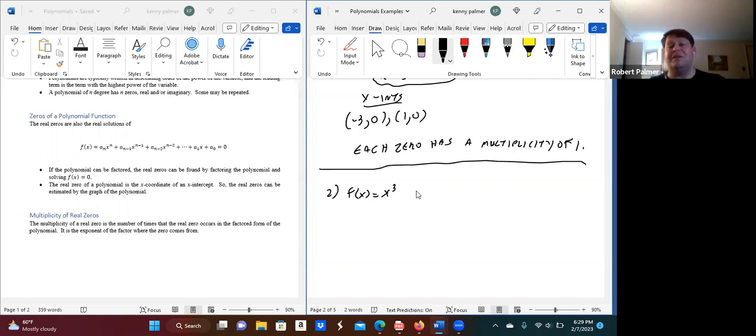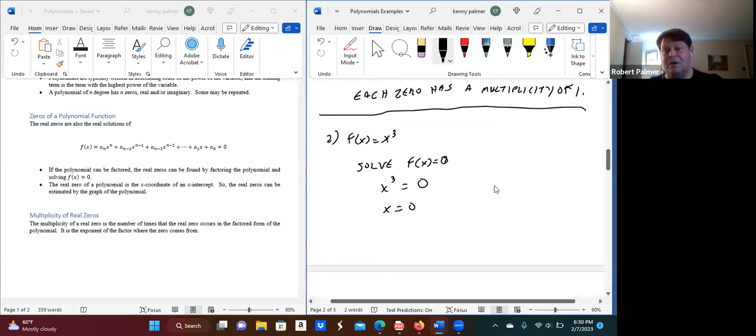We want to find the zero, so we basically want to solve f of x is equal to 0. We get x cubed equals 0. We know what real number makes that true: just x equals 0. So in this case, we have one real zero.